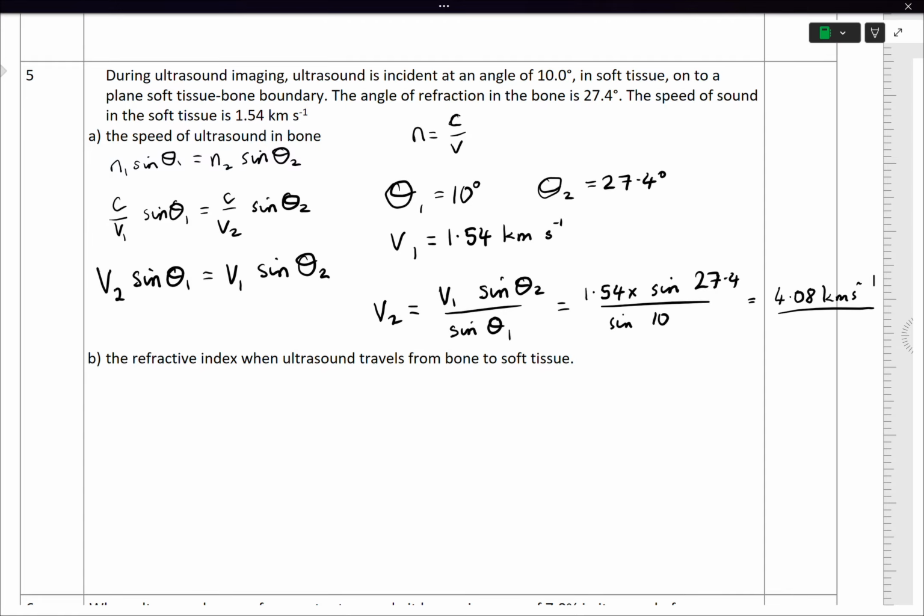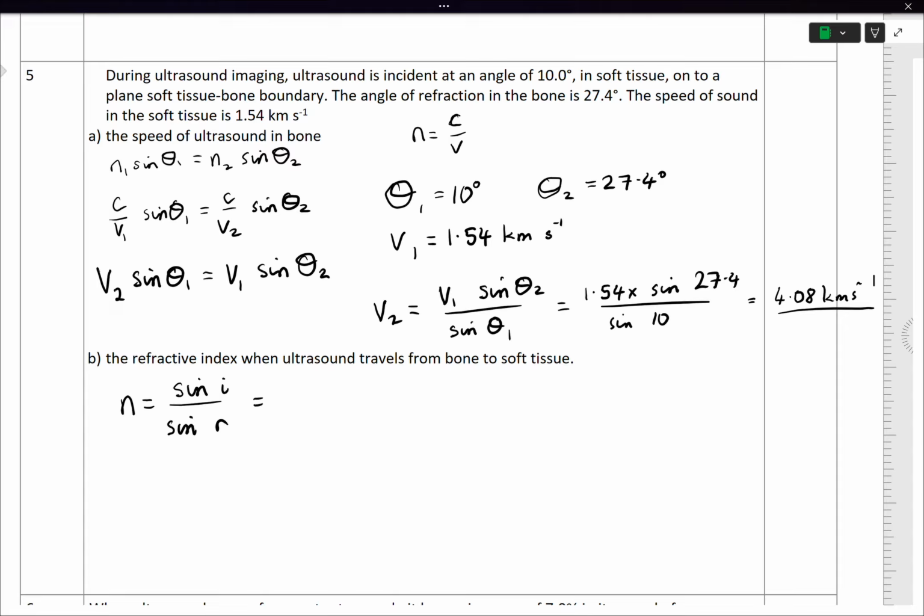The refractive index when the ultrasound travels from bone to soft tissue, so we're going to go back to this idea that n is sine i over sine r.